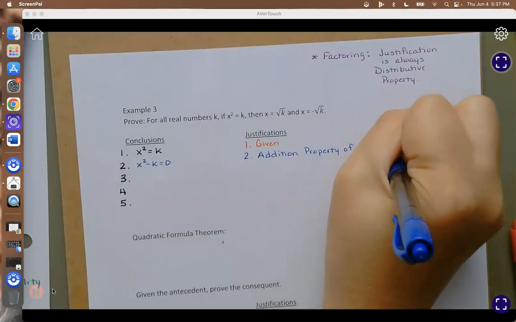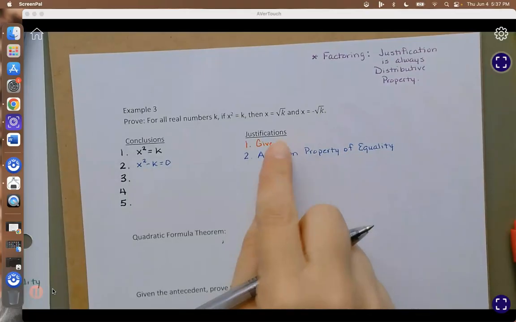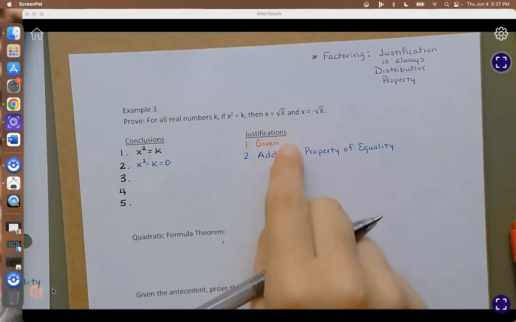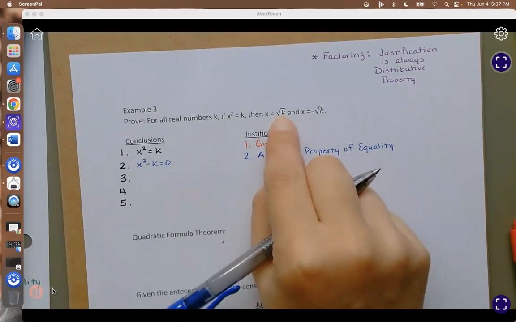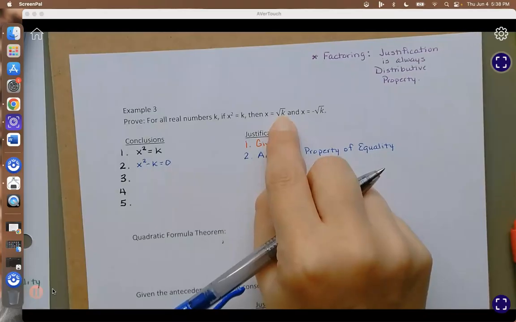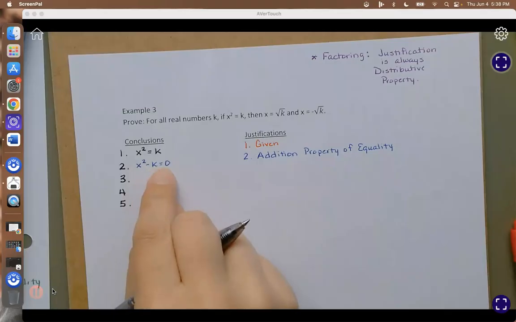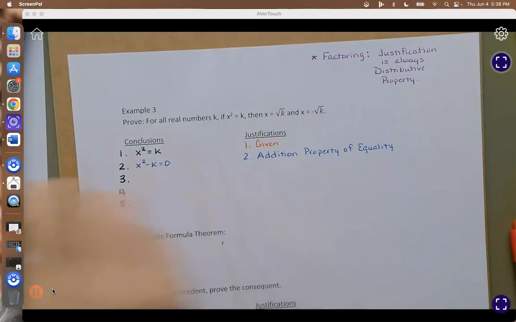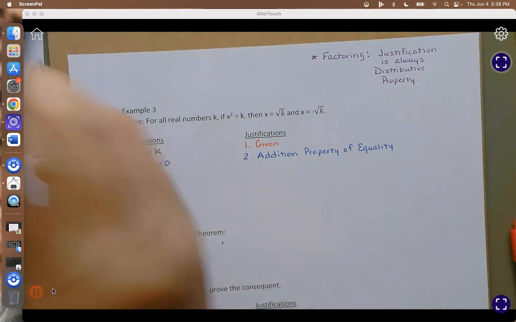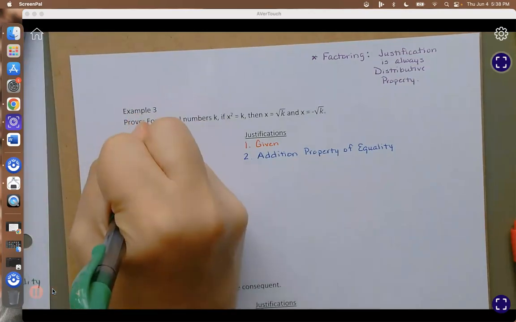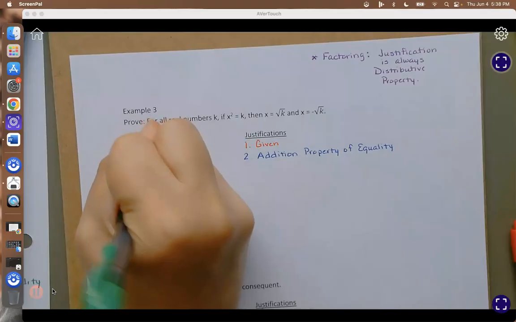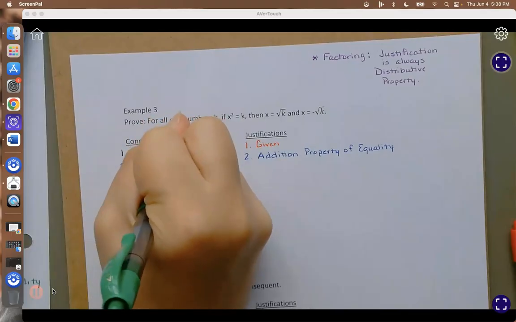Now, this one's a little tricky. The ones that you're going to have are not going to be this hard. Okay, but we need to get it where we have x equals the square root of k. If you look at this, if this were a square, this would be a difference of 2 squares. So if I wanted to make it a difference of 2 squares, I take the square root of the first thing, square root of the second thing.